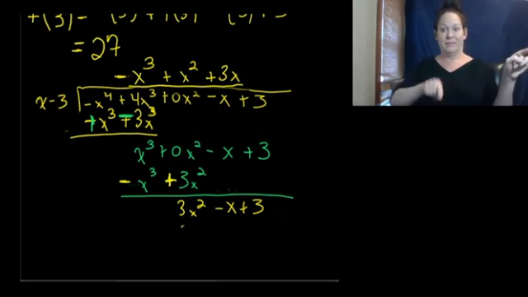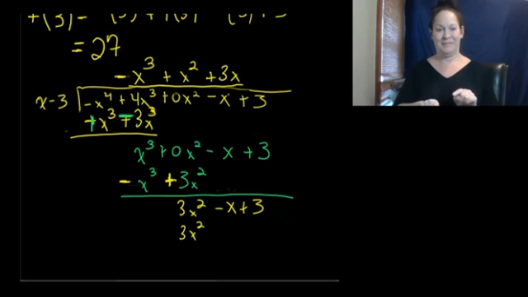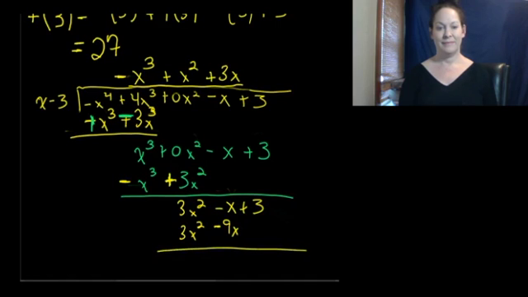3x times x is 3x squared. 3x times negative 3 is minus 9x. I will change my signs.